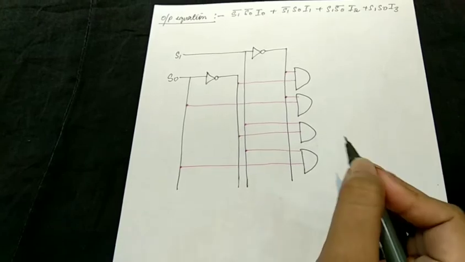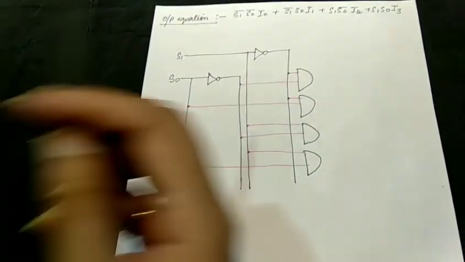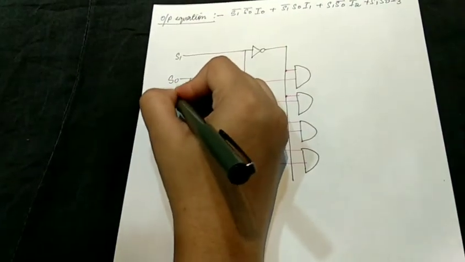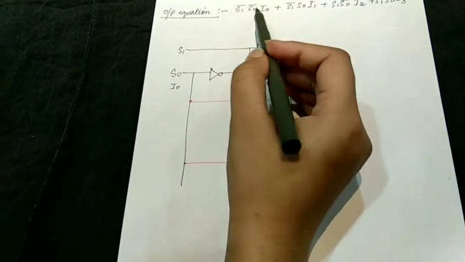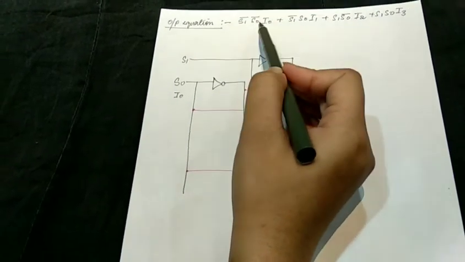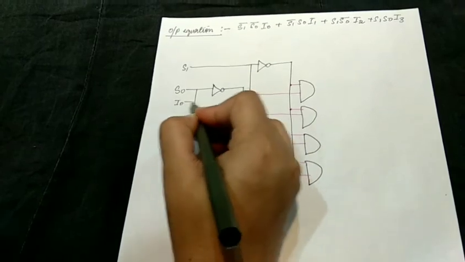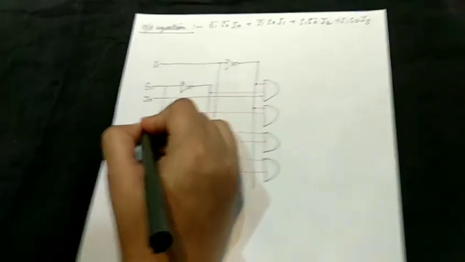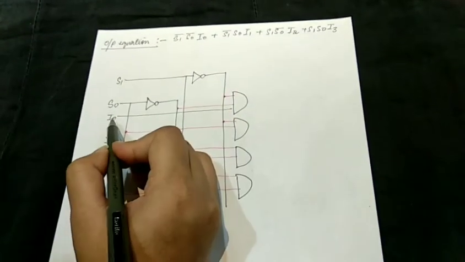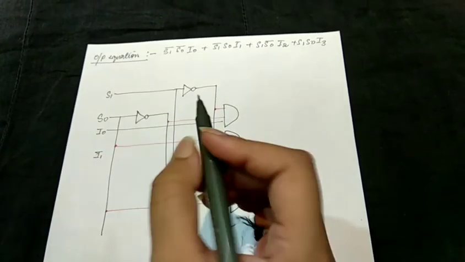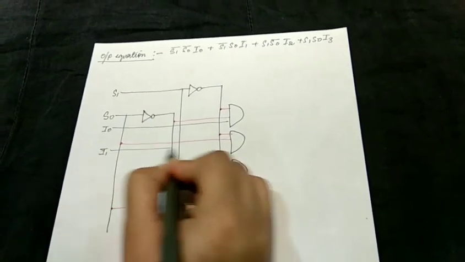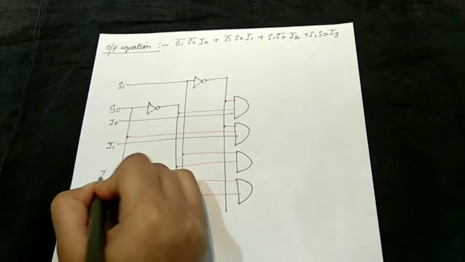The circuit is not yet completed because I have not introduced the inputs. So this is my input I0. I0 goes with S1 complement and S0 complement, that is the first AND gate. This is I1. I1 goes with the second AND gate. This is I2.